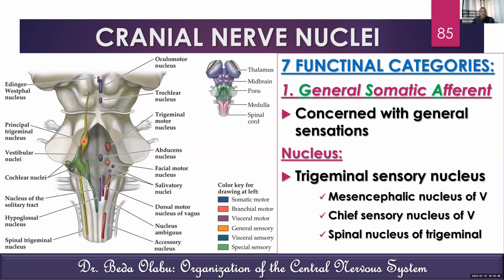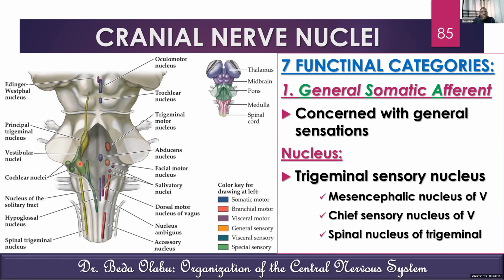The part within pons is called the principal nucleus, the principal sensory nucleus of trigeminal, or the chief sensory nucleus of trigeminal. You can call it the main sensory nucleus of trigeminal. This one has touch functions. So the fibers for touch terminate there, touch from the head region.